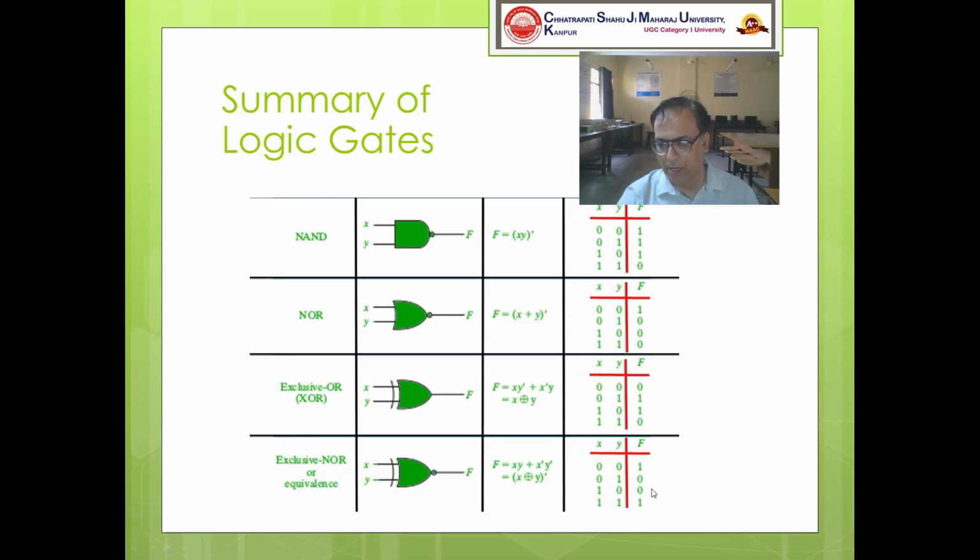Now you can see both truth tables are simply the complement of each other. In the XNOR case, when both inputs are the same, we get the answer 1, and when the inputs are not the same, we get answer 0. It's just the opposite of what is in the XOR.